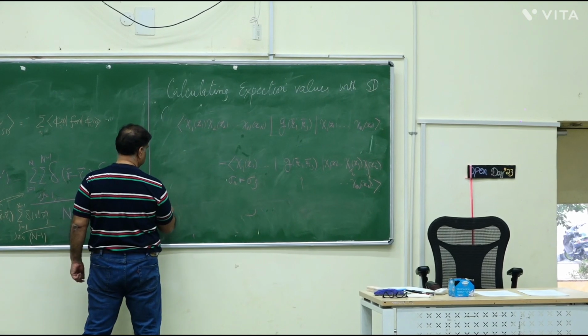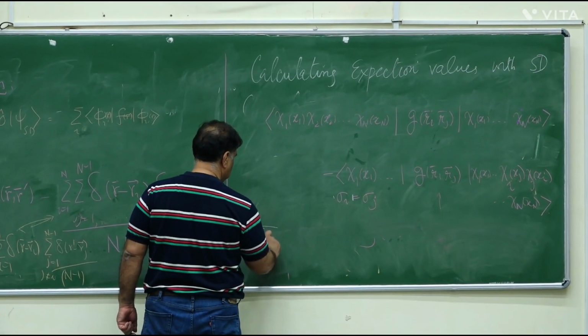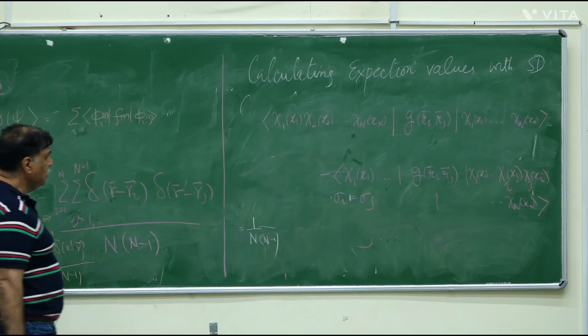And what I get is 1 over n minus 1, right?